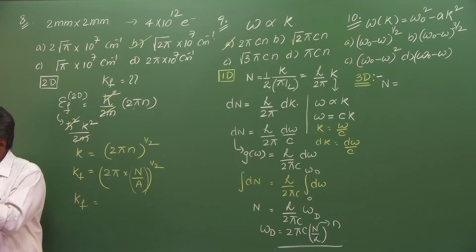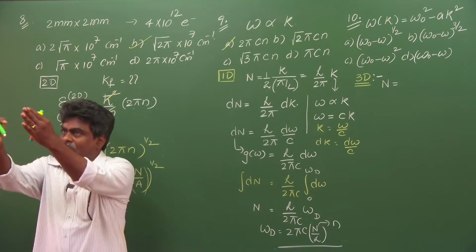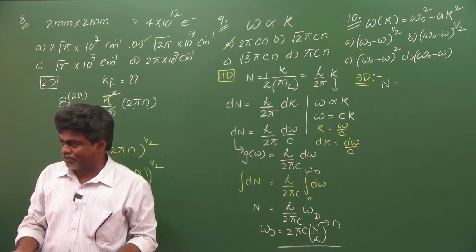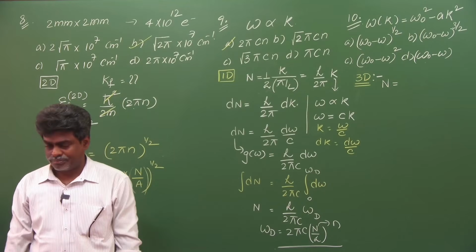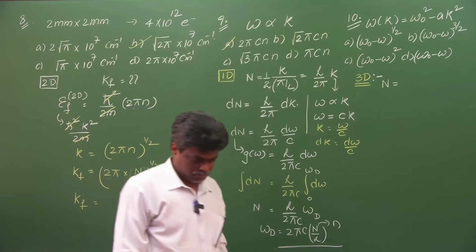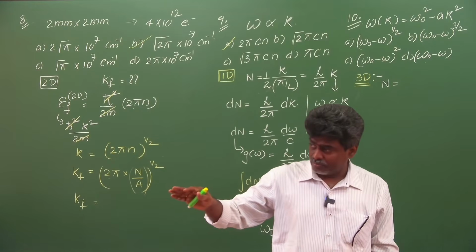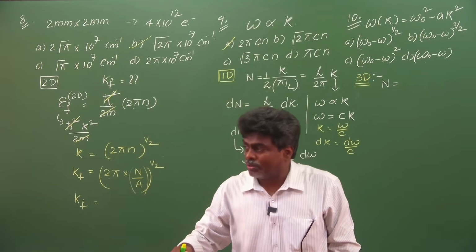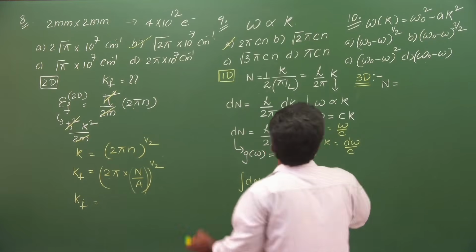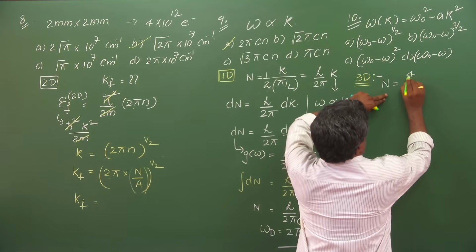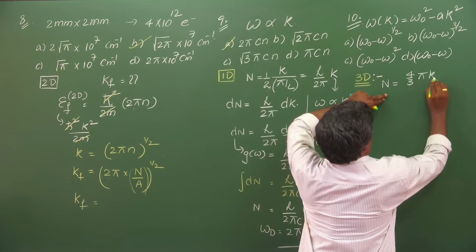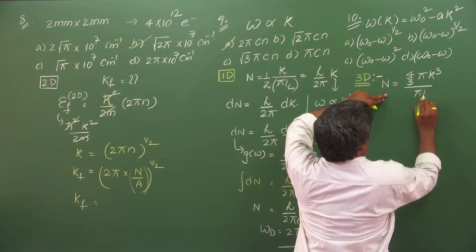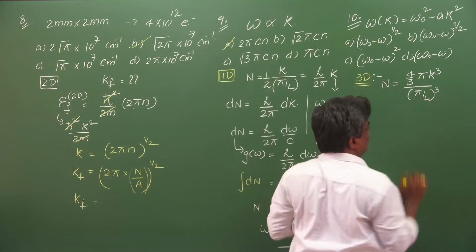I want just what is the volume by what is the volume? Volume by volume. 4 by 3 pi k cube by pi by L whole cube. Whole cube. Now n equal to 4/3 pi k cube by pi by L whole cube.